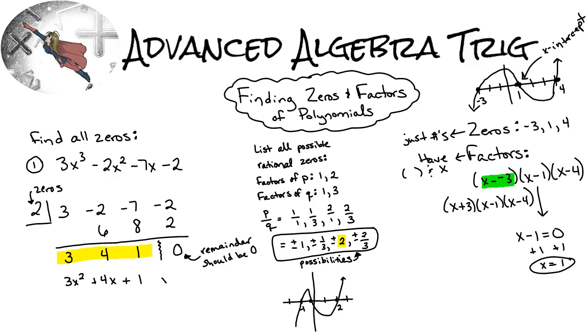So I need something that will multiply to 3 and add up to 4, and this is just the way that all of my students do the factoring. They split the middle term. So this is going to be 3 and 1.